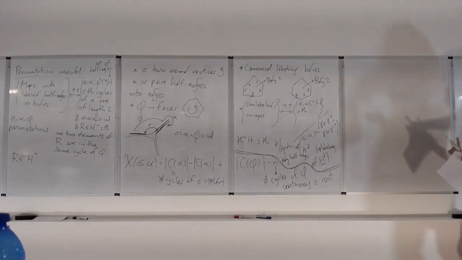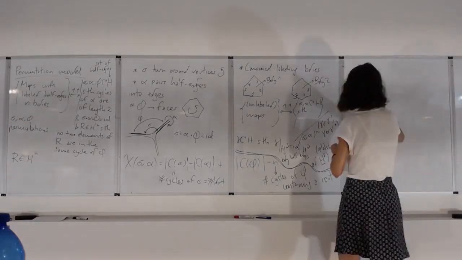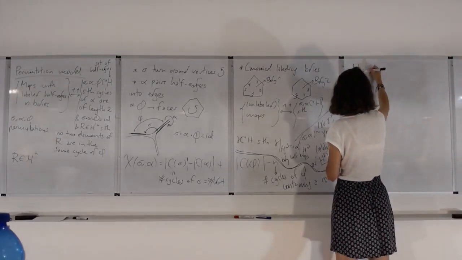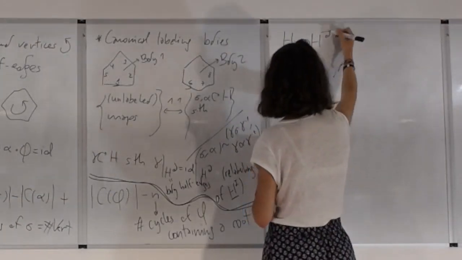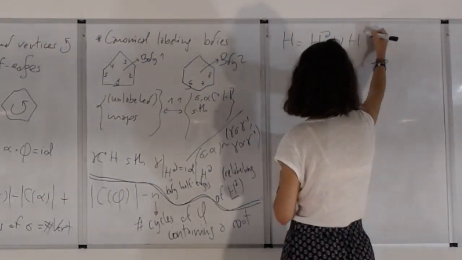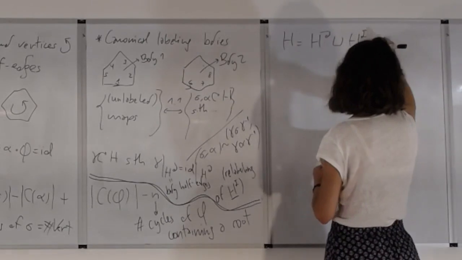Just because I put many things together there, I'm considering now a decomposition of the half edges into boundary half edges and internal half edges. This is internal.